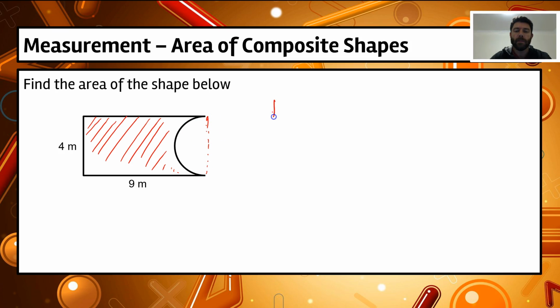So I'm going to have the total area, or the shaded area, equals the area of the rectangle minus the area of the semicircle. All right, and I've labelled those with the words rectangle and semicircle.